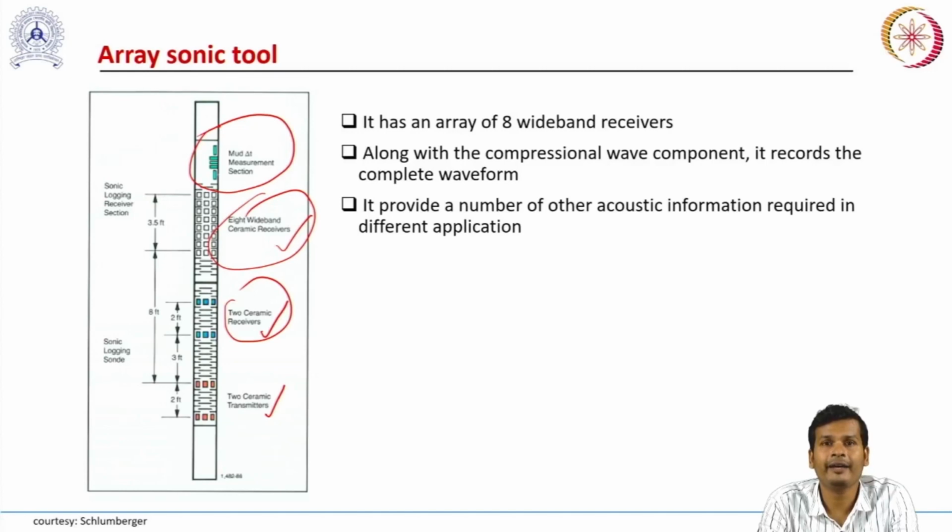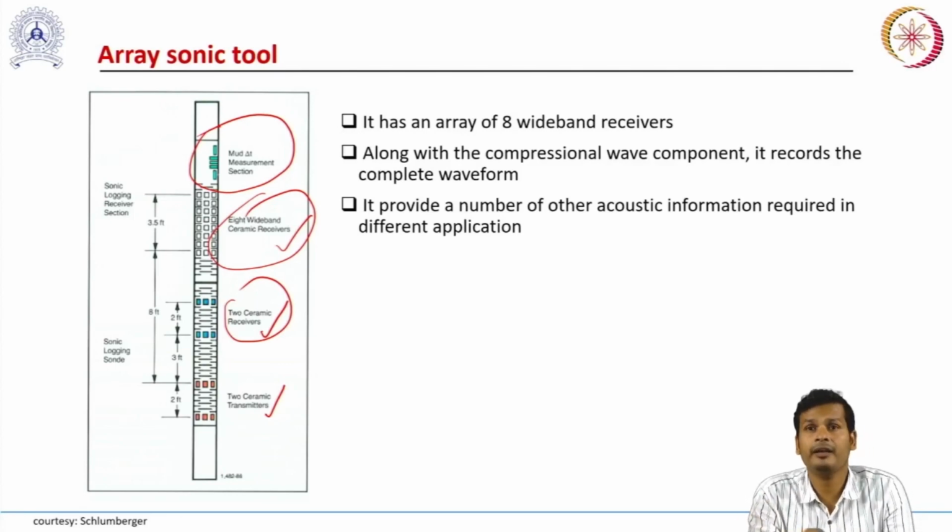By using a large number of receivers and transmitters, we can record the complete waveform, and not only the travel time of the compressional wave; we can also measure the travel time of the shear wave, Stoneley wave or Rayleigh wave. By recording the complete waveform and analyzing the travel times of the different types of waves, we can get an idea about a number of mechanical properties of the formation.